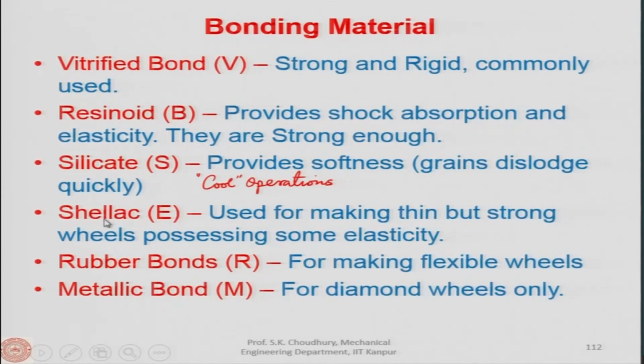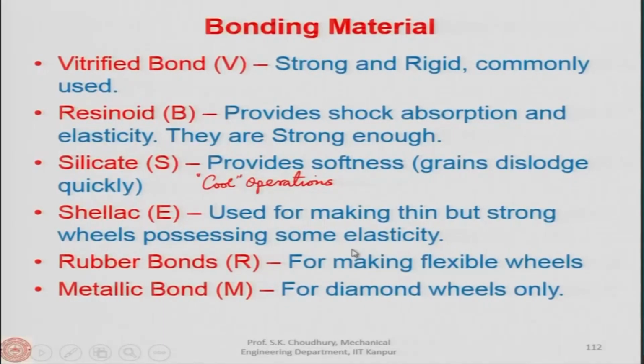Those thin and strong wheels are actually made for parting off the material. For example, there may be some cylindrical job whose diameter is very large, and that has to be cut off, a parting off operation.